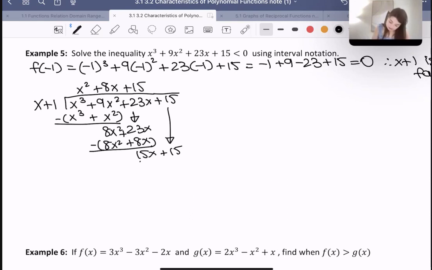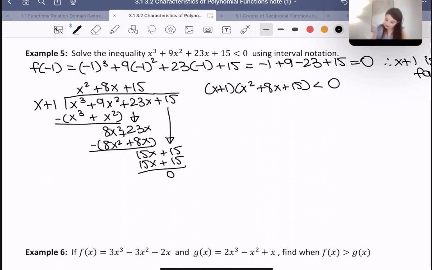And then how many times does x go into 15x? Well, 15 times. And we do get remainder 0, which is good because if we didn't, that would be inconsistent with what our factor theorem told us. So that would mean we did our long division wrong, or we plugged in something wrong with our factor theorem, or did some calculation wrong somewhere. So now we have x plus 1 times x squared plus 8x plus 15 is less than 0.